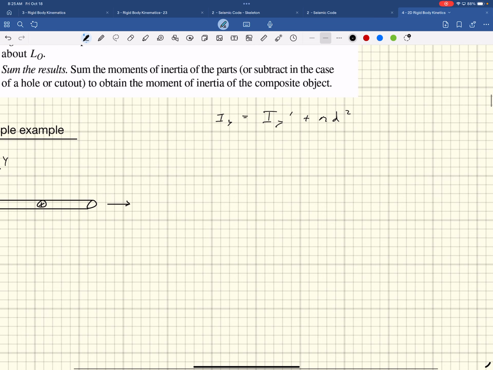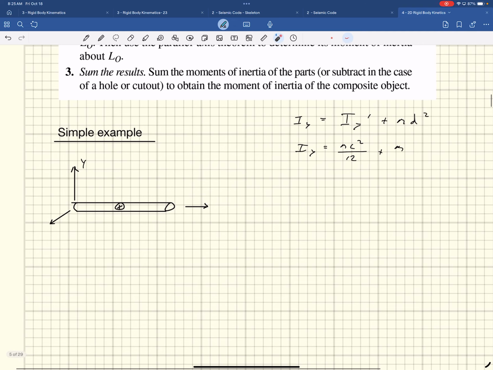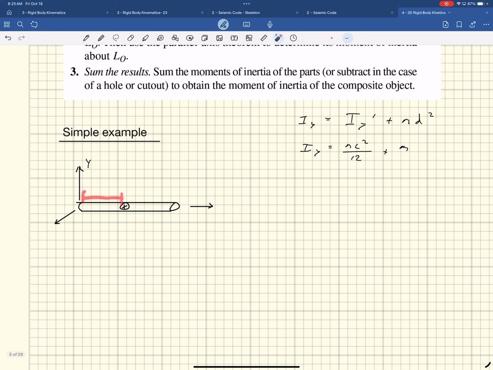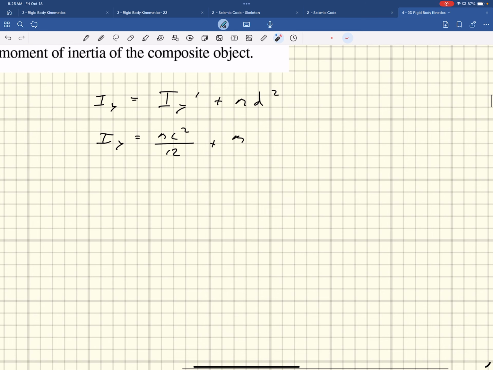So if I was to apply this here, I_y prime, we determined earlier and can look it up, is m L squared all over 12. That's the moment of inertia about its own mass center. And I add on to it m, and the distance would be from here to here, that would be L over 2 squared. If I carried that out, I would get m L squared all over 3.